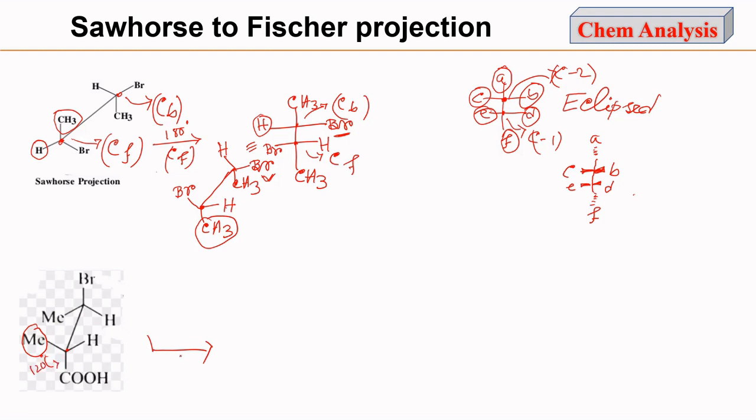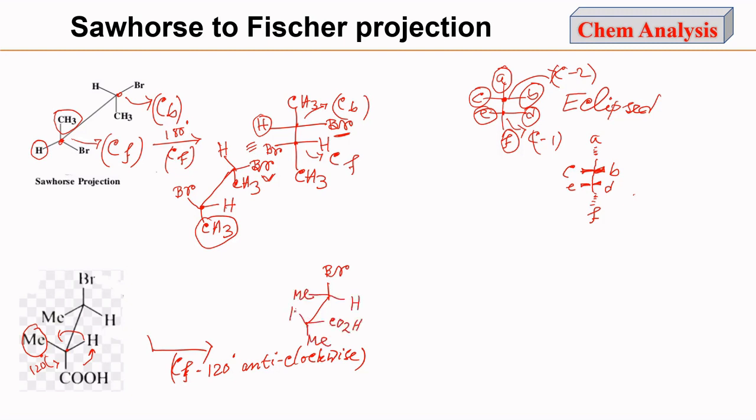If we rotate the front carbon by 120 degree anti-clockwise, then this methyl group will come on the CO2H position, CO2H group will come here, and hydrogen will go on the methyl position. So the structure will be, and the back carbon substituent remain as it is.